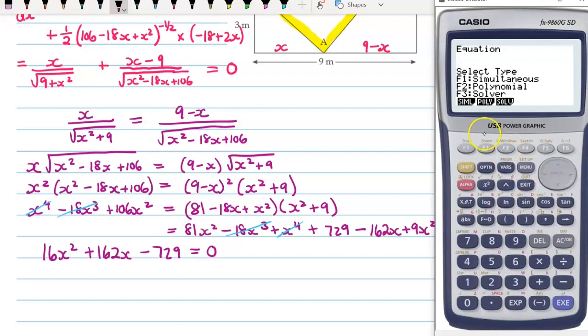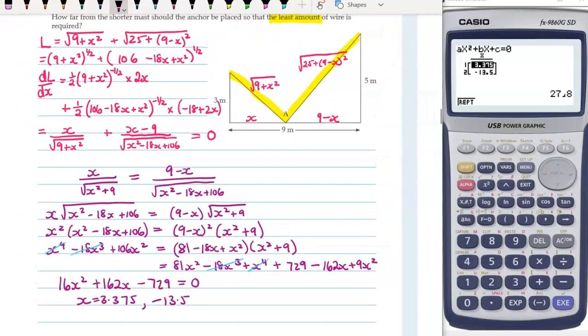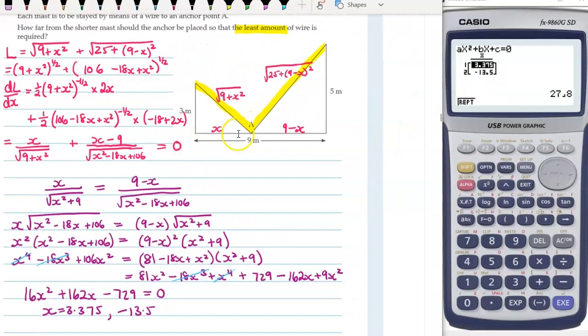Wait, pressed the wrong one. There we go. Polynomial with degree 2. We've got a is 16, b is 162, and c is minus 729, and solve it. So we've got x equals 3.375 or minus 13.5. Well, in this context, a negative number doesn't make any sense. It's got to be positive because this is the value of x.